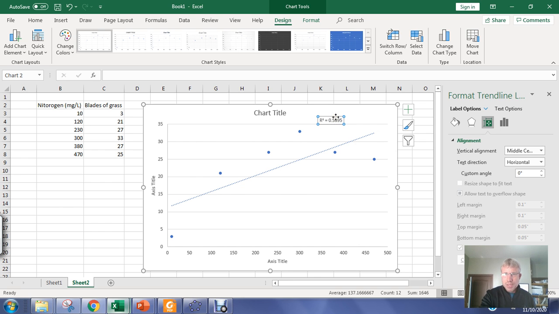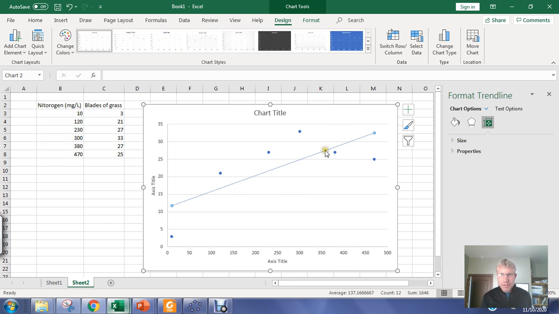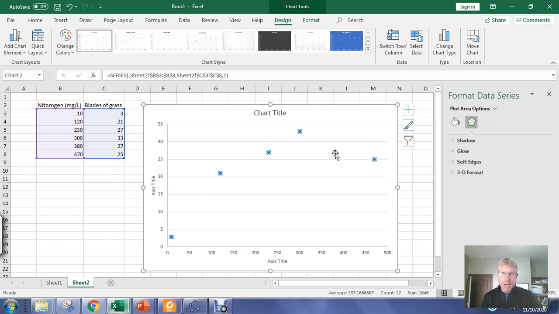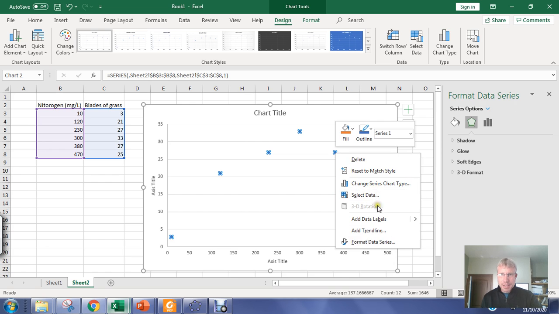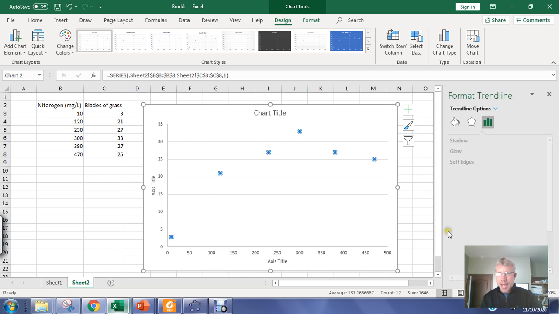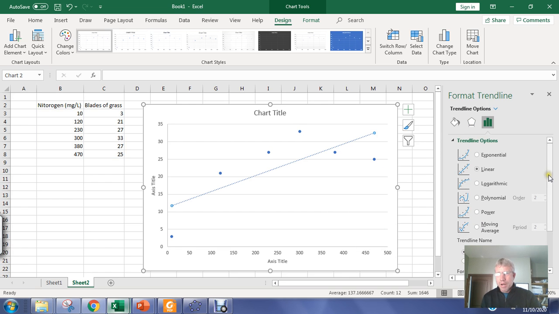Instead of fitting that linear regression model, let's right click on a data point and fit a quadratic regression model. We go to add trend line, and a quadratic function is a polynomial of degree 2. So we select a polynomial model, and the order or degree we want is 2.